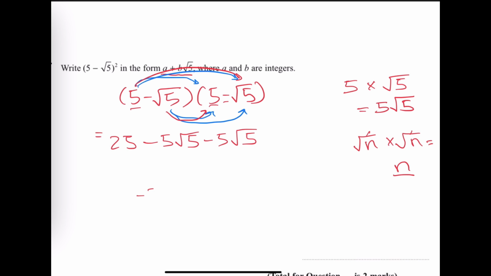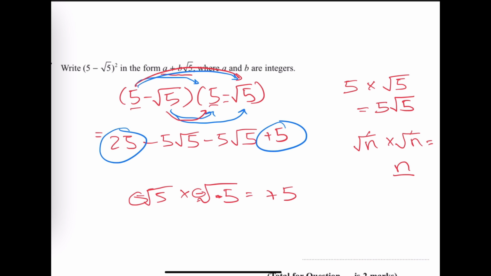So if you do minus root 5 times minus root 5, the answer would just be plus 5, because a minus and a minus together make a plus. So now all we have to do is collect like terms, 25 and 5, and we do these together.